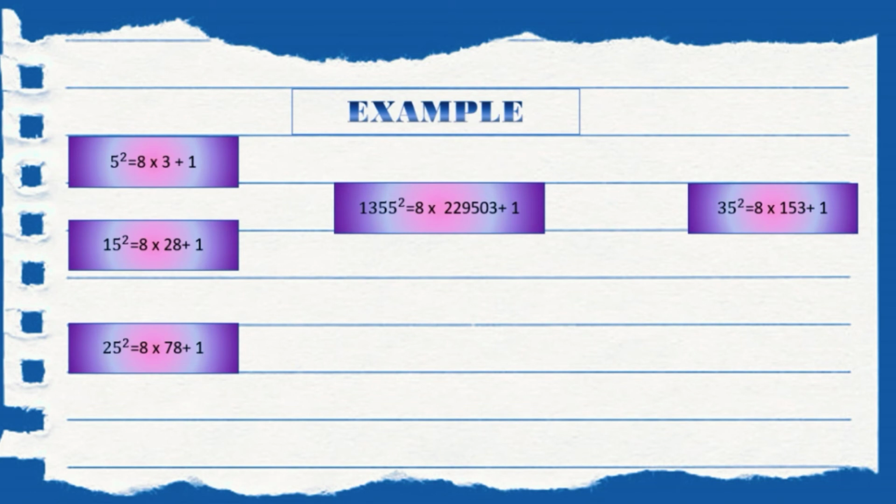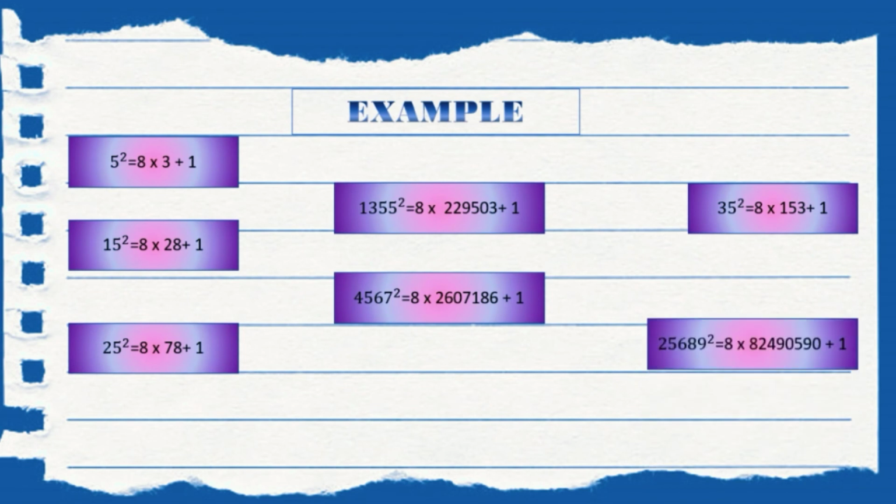1355 squared is equal to 8 times 229,503 plus 1. So it is a bigger number. 4,567 squared is equal to 8 times 2,607,186 plus 1.